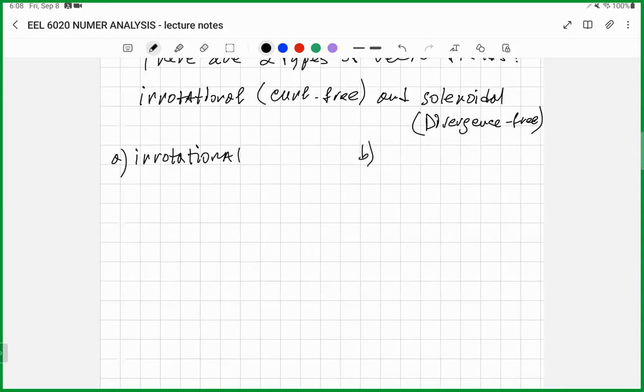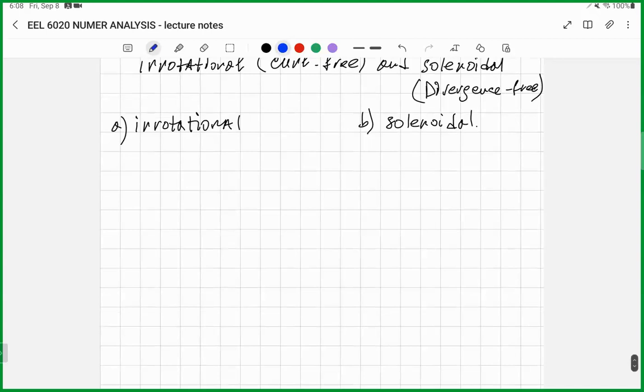The second one is solenoidal. So for the example of irrotational field we already considered. For example, this is the electric field from a charge.